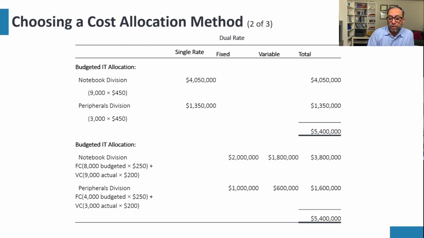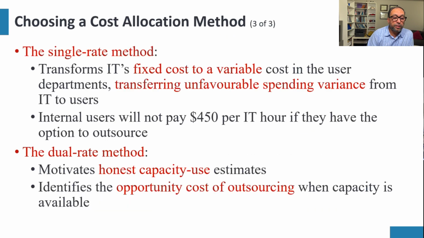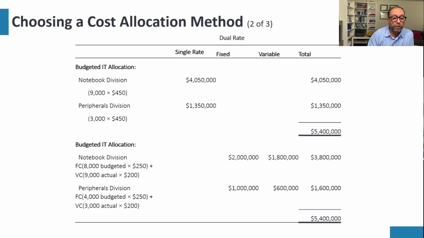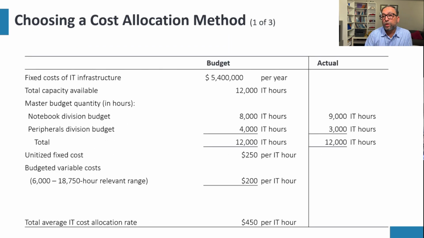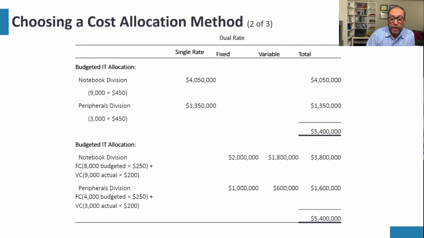And peripheral is using 3,000 IT hours multiplied by 450, 1.35 million allocated to peripheral division. So in this way, we see these allocations, and altogether when we sum up, we get the budgeted value of 5.4 million.